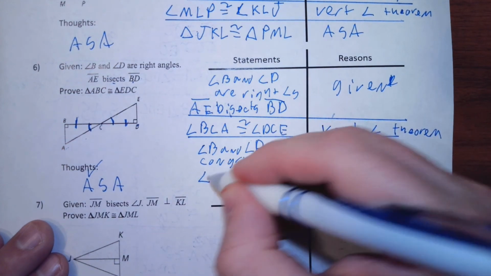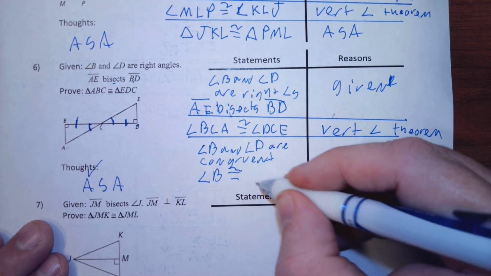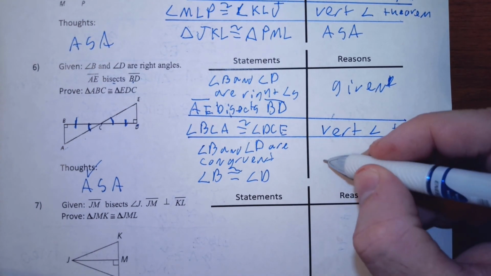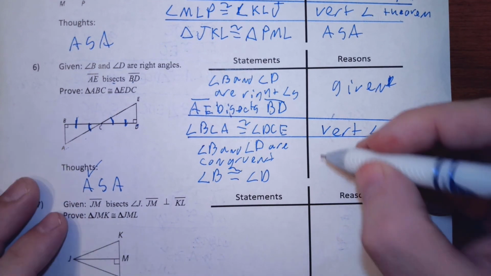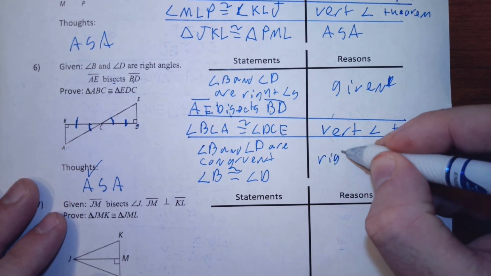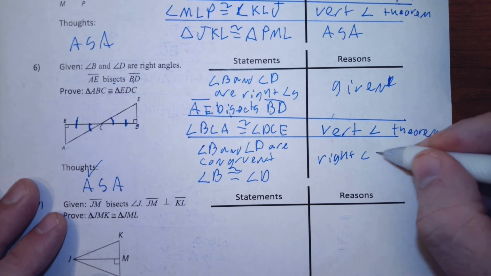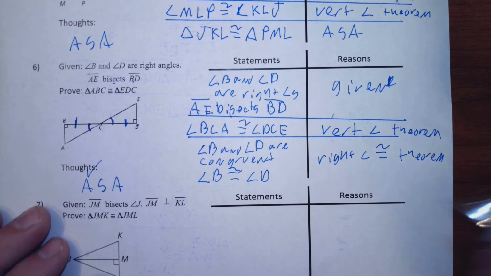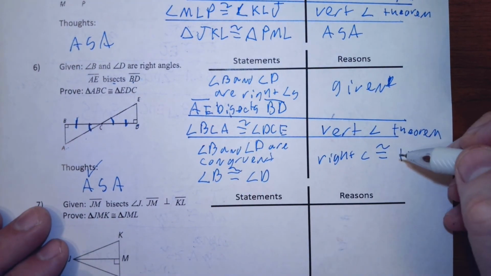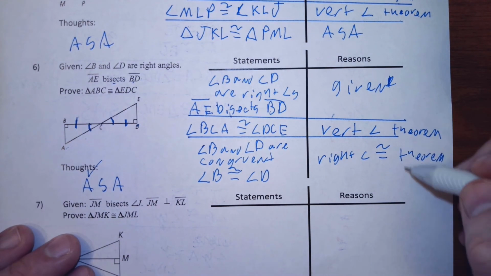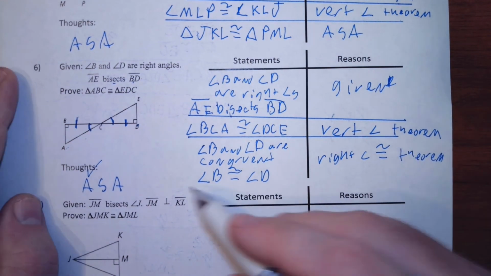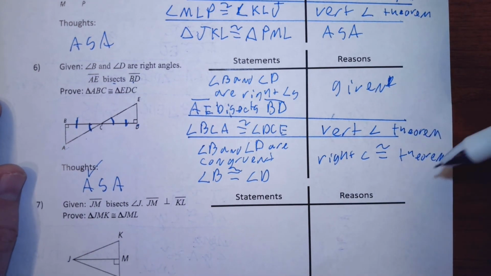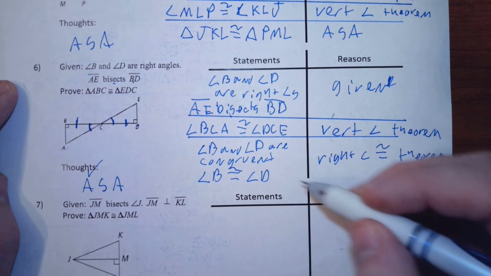Or I guess I could have done it like this. And that is because of the right angle congruency theorem. So we could do this in different ways. This is kind of a nitpicky kind of thing, but we can include it. I didn't include it before. I just kind of want to show you different ways to get this done, different ways to think about this.